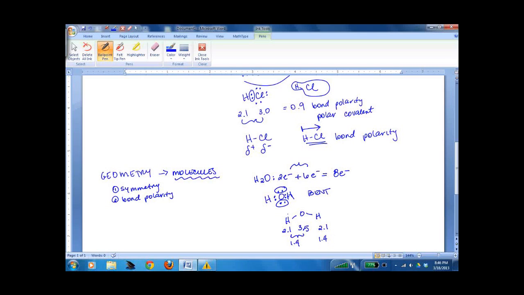We're going to have these dipoles going this way, and then we've got these unbonded electrons, so it's not symmetrical. The bonds are polar, therefore it will be a polar molecule.